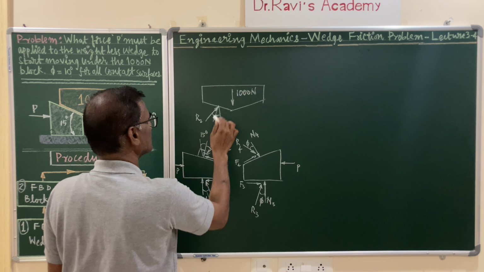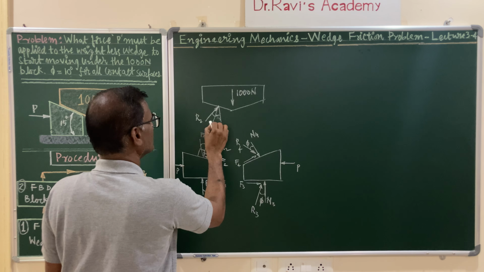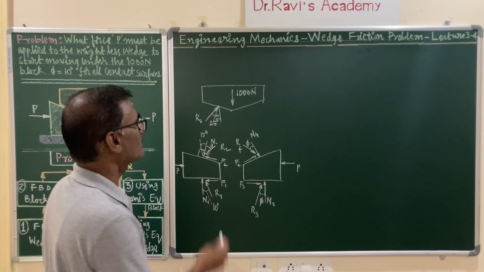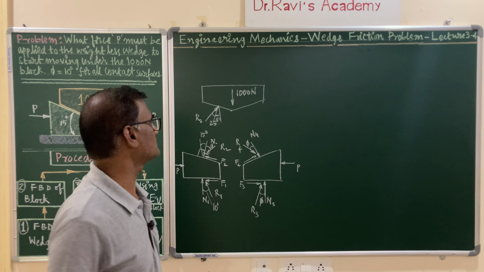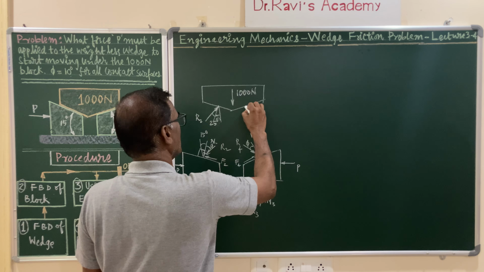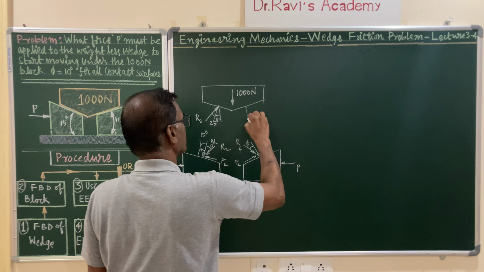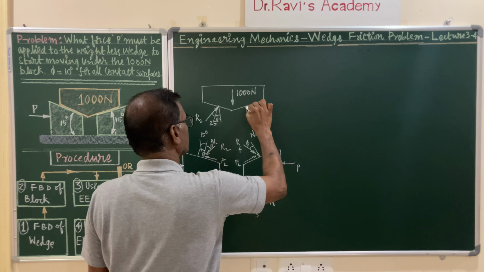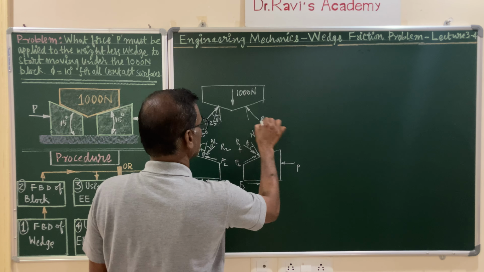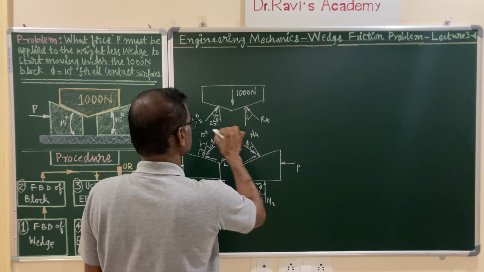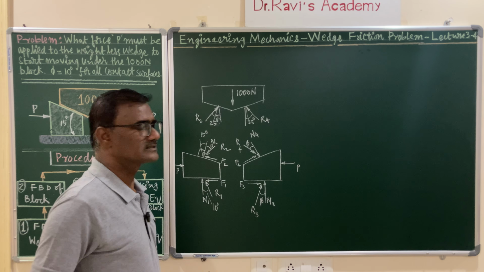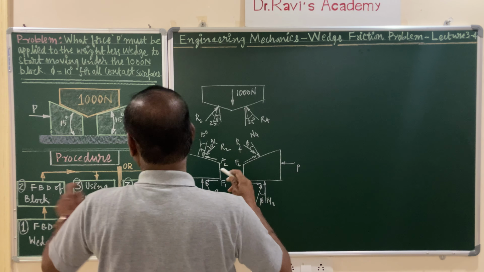The total angle is 25 degrees. It is 15 plus 10. 10 degrees is the angle of friction. Similarly, because it's symmetric, obviously you have this force R4, and with vertical it is at an angle of 25. So this completes the free body diagram of the block.